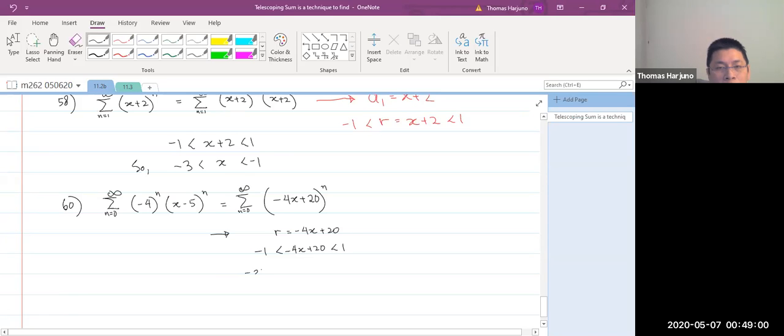Subtract by 20, divide by -4. So 21/4 should be greater than x, which should be greater than 19/4.